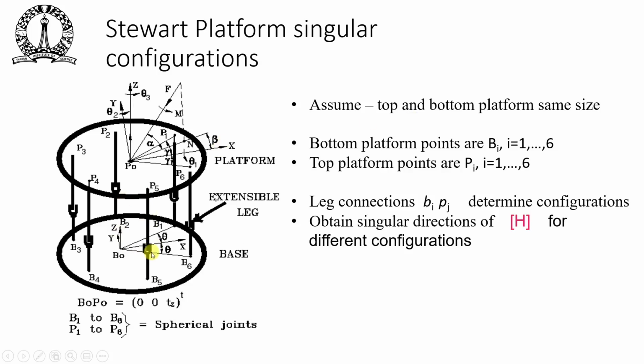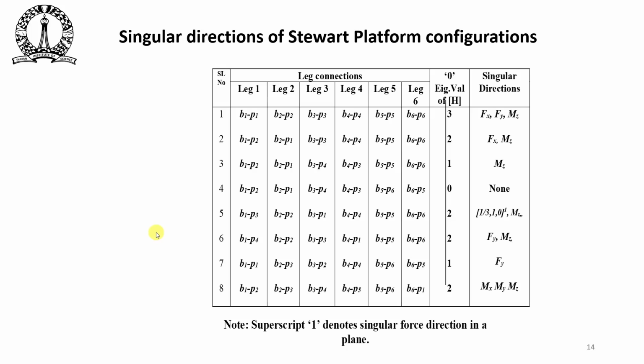That each of these legs are exactly vertical. Why vertical? Because the top platform and the bottom platform are exactly of the same size. They are both hexagons. So if all these legs are exactly vertical, you can show that there are 3 zero eigenvalues. And these 3 zero eigenvalues of H correspond to singular directions, corresponding to Fx, Fy and Mz.